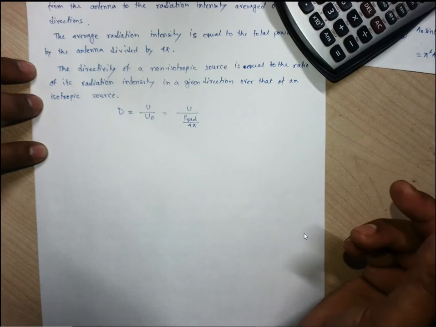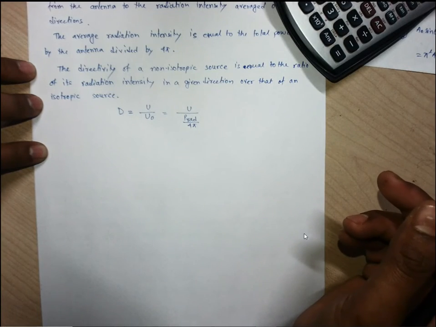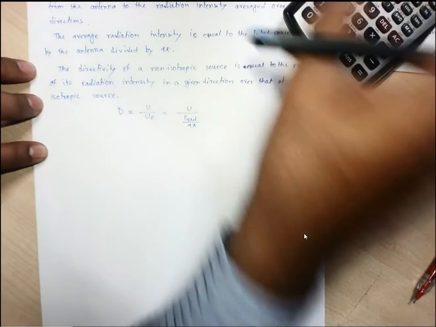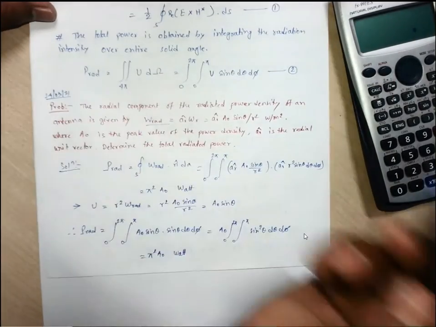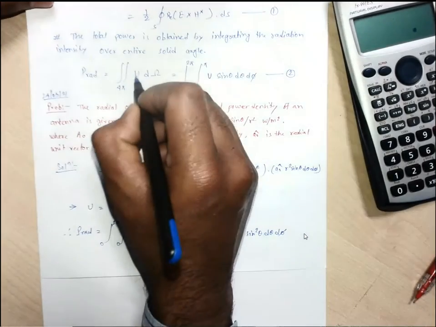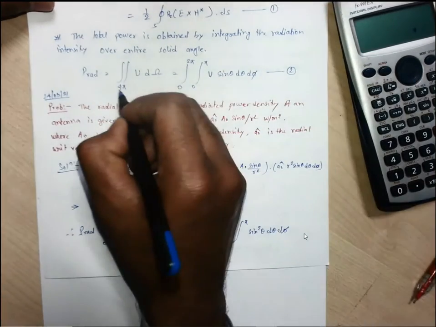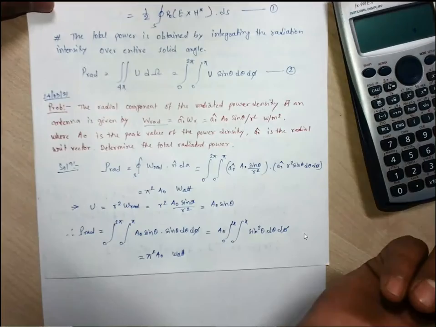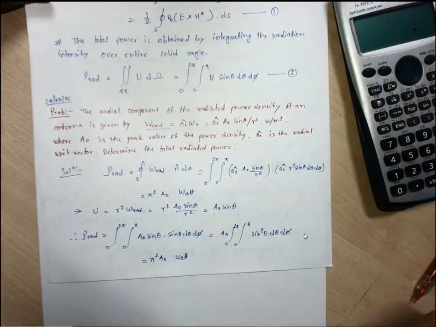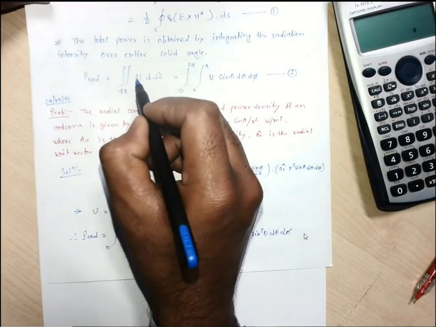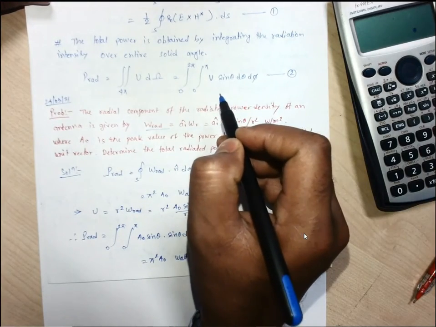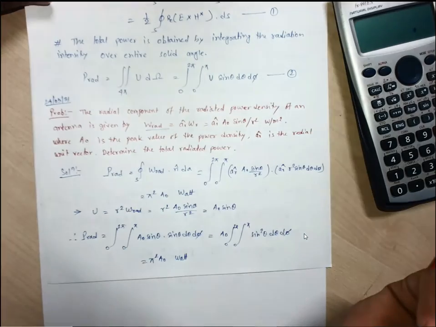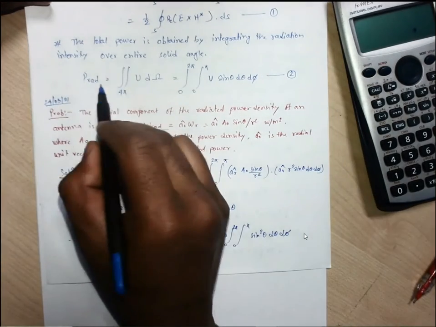The power radiated is related to the radiation intensity by integration over 4 pi, that is the total sphere. For an isotropic source, we can easily find the radiation intensity: it is P rad by 4 pi.